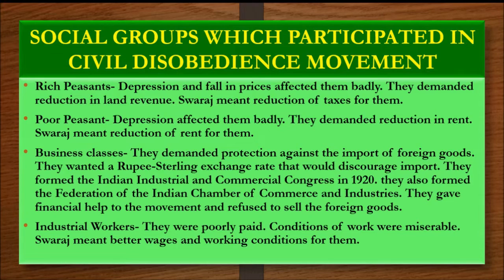They demanded cancellation of the revenue or the rent they had to pay. When the price fell, they were not able to pay the taxes or revenues, so they were requesting to cancel the rent or the revenue. For this, they organized various movements under socialists and communists.